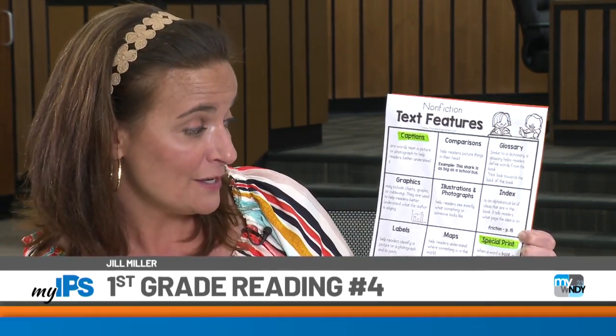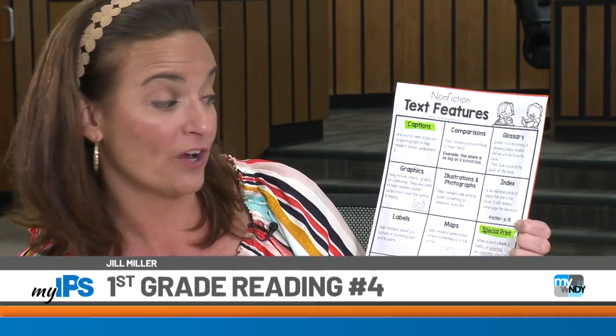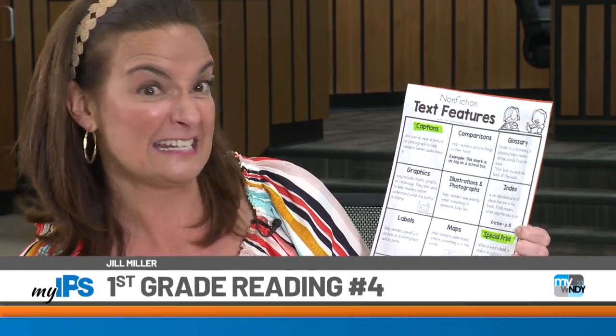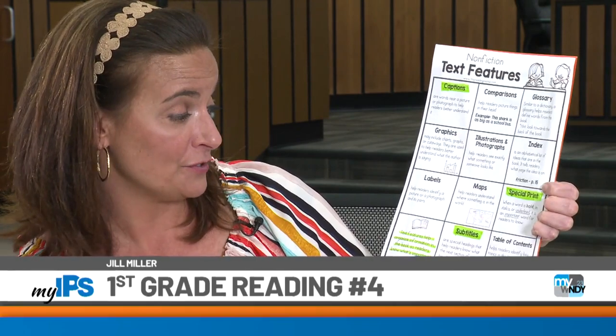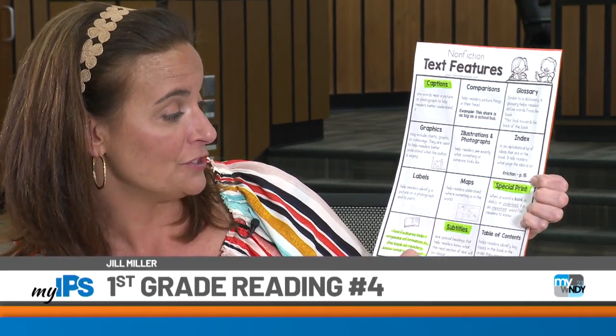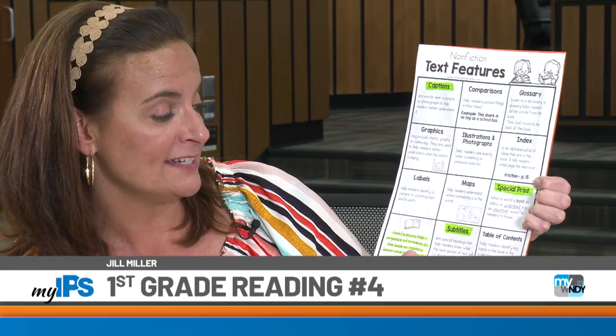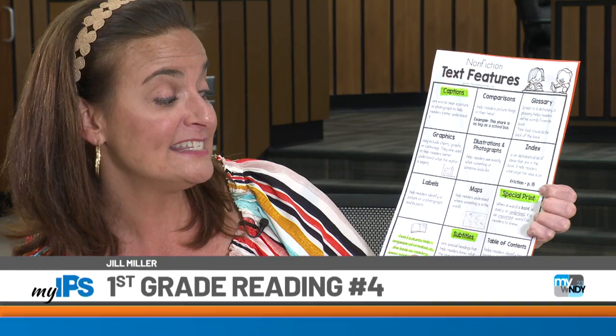Special print. When a word is bold or in italics or underlined, it is an important word for readers to know. And subtitles. We'll see some subtitles today. Subtitles are special headings that help readers know what the next section of the text will be about.